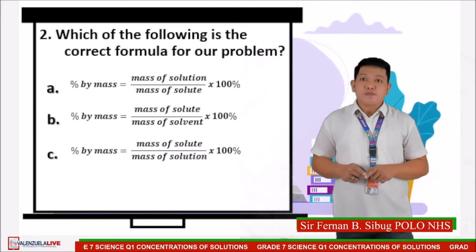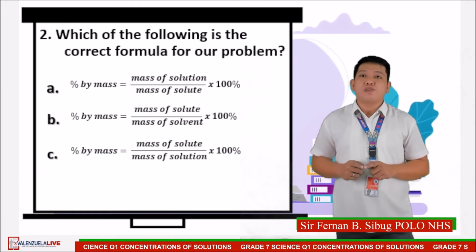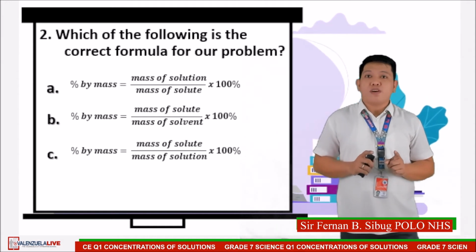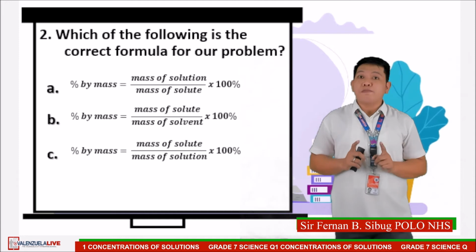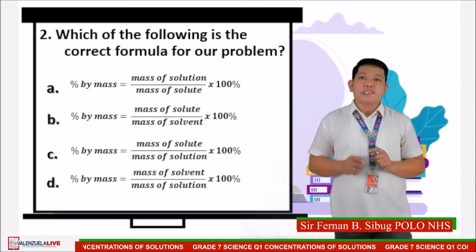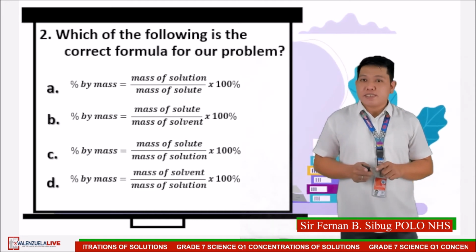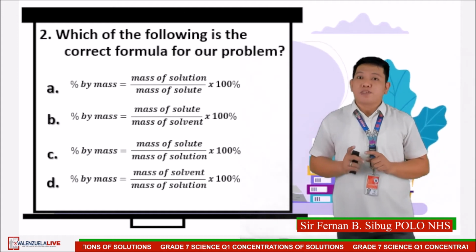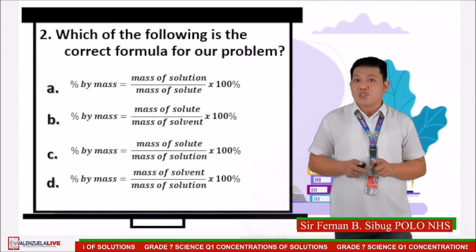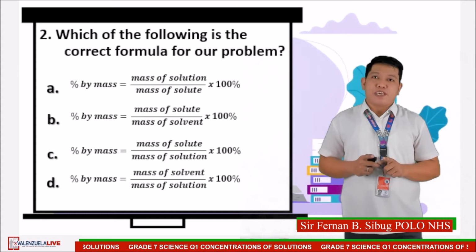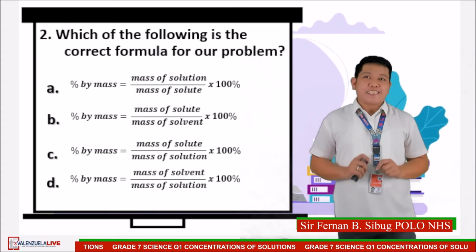And letter C. Percent by mass is equal to mass of solute over the mass of solution multiplied by 100%. And lastly, D. Percent by mass is equal to the mass of solvent over the mass of solution multiplied by 100%. Type in your answer.